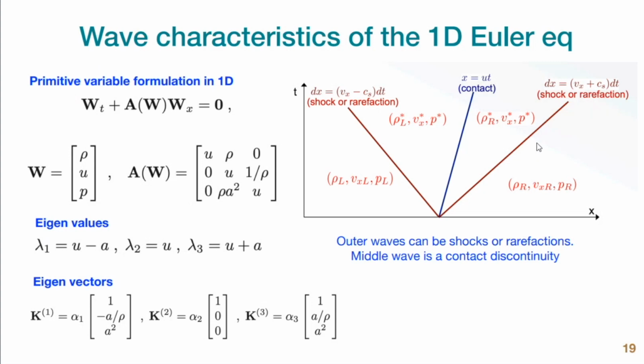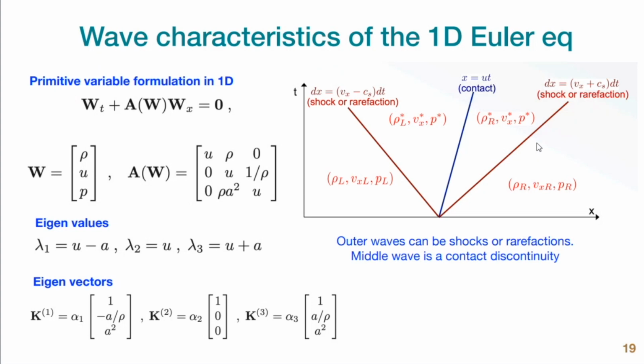Okay, so for example, I'm showing here the breakup, with similar steps, for the 1D Euler equation. Again, these are the simple conservation relations: density, velocity, pressure. If you break it up into this form, the A matrix looks something like this. This is the Jacobian matrix. The eigenvalues are u minus a, u, and u plus a. Again, very intuitive.